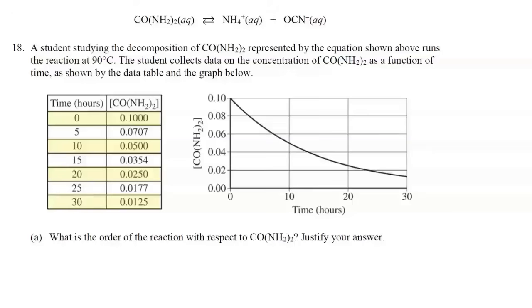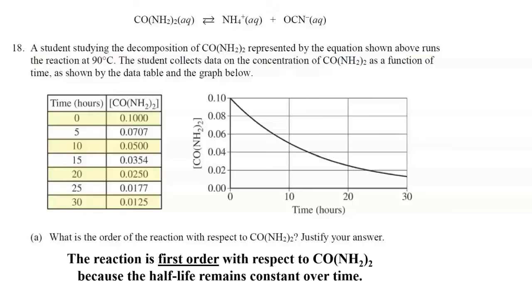That's all you have to recognize to answer this question. So the reaction is first order with respect to the reactant because the half-life remains constant over time. What I would say to all the students who did generate natural log data and verify that that is a linear relationship: you got the right answer, but you took way too long.